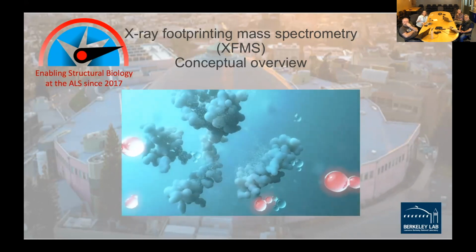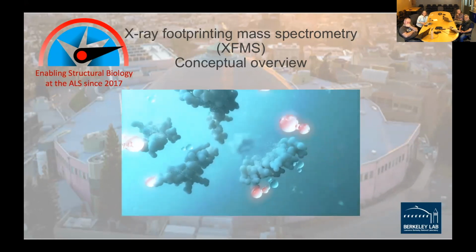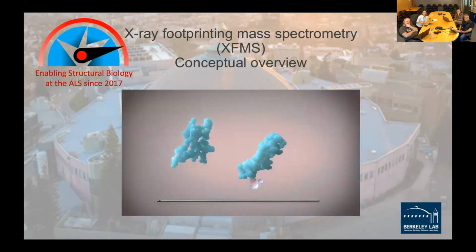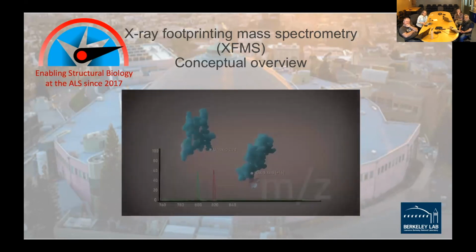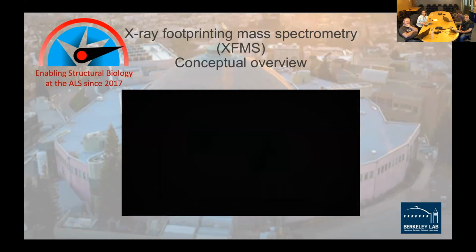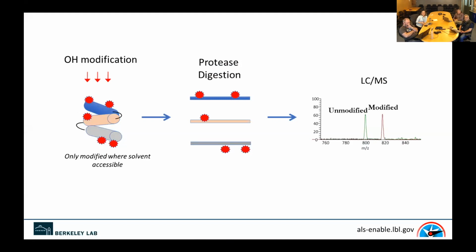So we get these covalent modifications formed on the proteins, and we then digest the protein, usually with a protease, and we then run our resulting peptides through LC-MS to figure out exactly where those modifications occurred on the side chain.